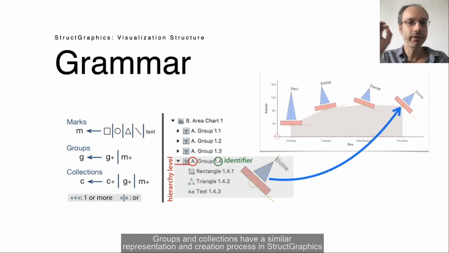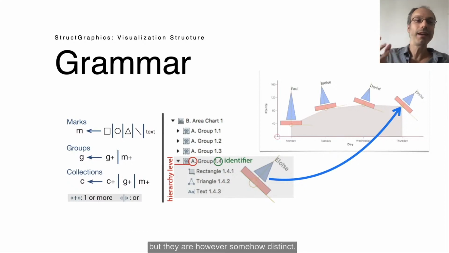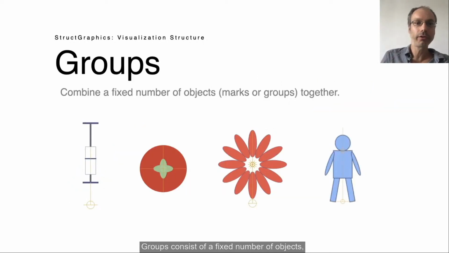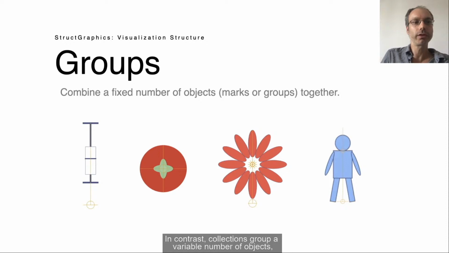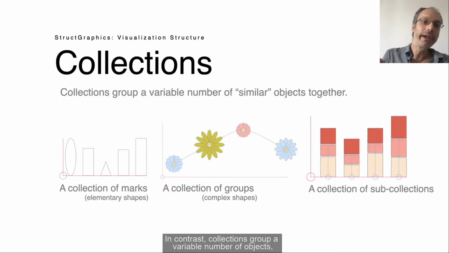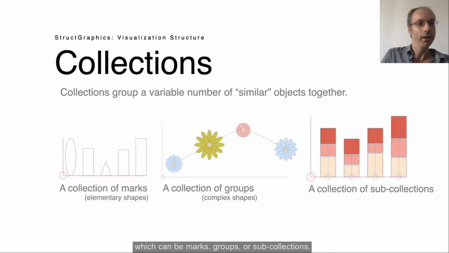Groups and collections have similar representation in Star Graphics, but they are, however, somehow distinct. Groups consist of a fixed number of objects, which can be either marks or lower level groups. In contrast, collections group a variable number of objects, which can be marks, groups, or sub-collections.